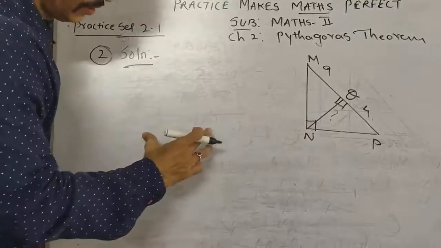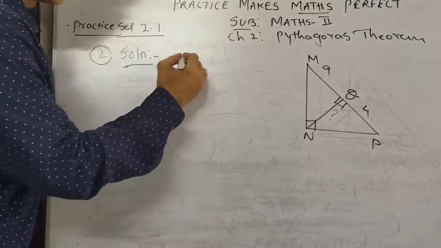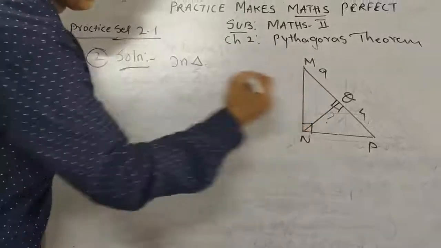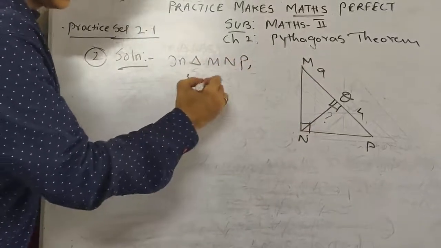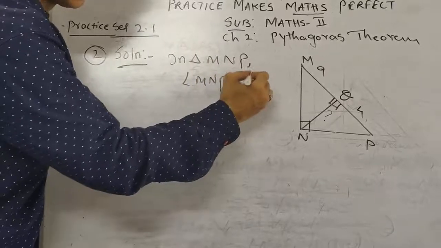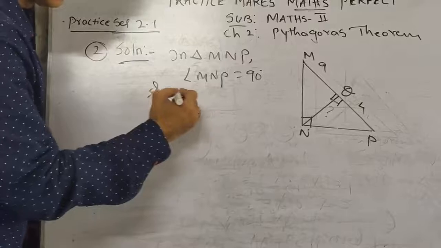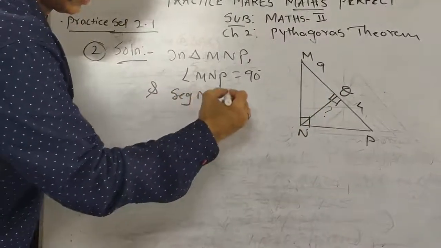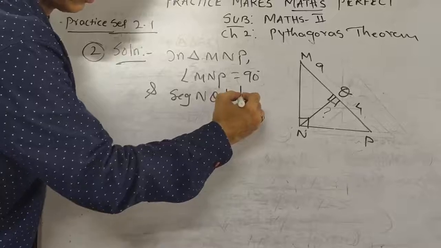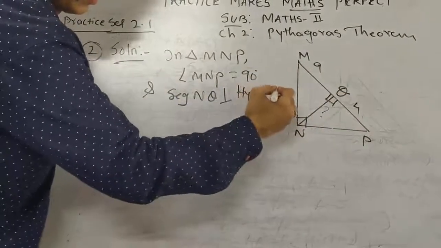But we cannot use the concept directly. Before that we have to write like this. In triangle MNP, angle MNP is equal to 90 degree and seg NQ is perpendicular to hypotenuse MP.